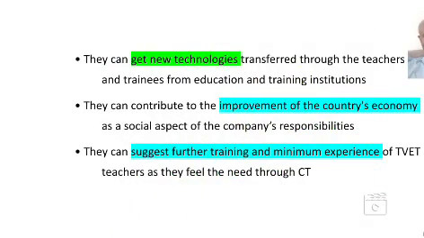The enterprise or the employers can get new technologies as well. Whenever you teach, you learn. By the way, teaching means learning. Teachers are those who teach as well as those who learn from the students. So when industries participate in providing training, they learn as well.